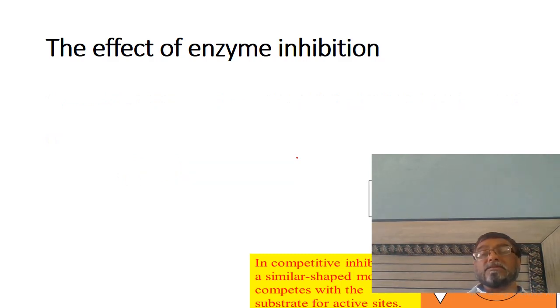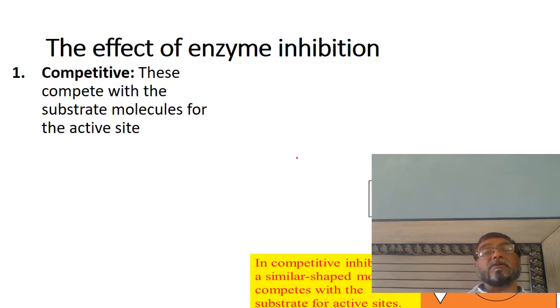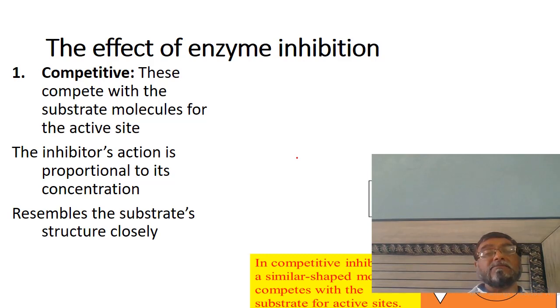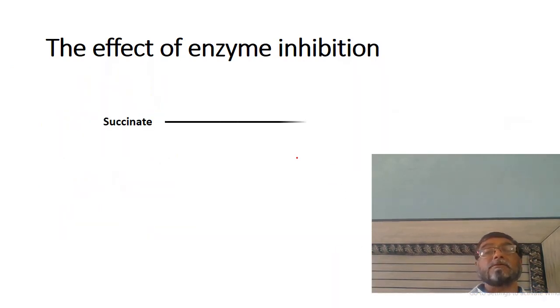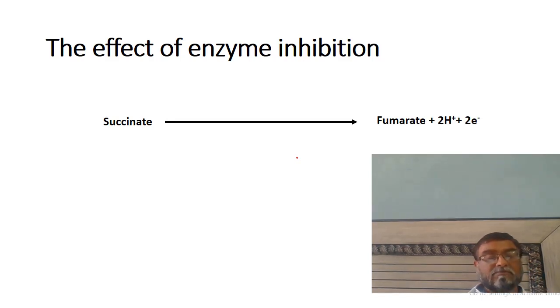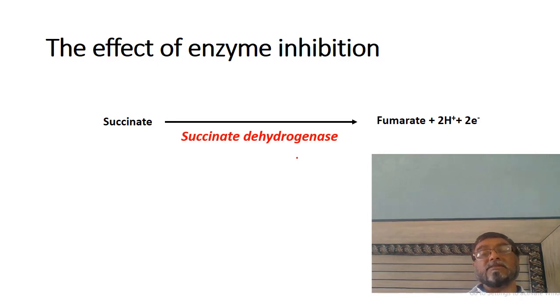This also shows the types of inhibition, competitive and non-competitive. This example is taken from the Krebs cycle, where succinate is converted into fumarate, and the succinate dehydrogenase enzyme catalyzes this reaction.